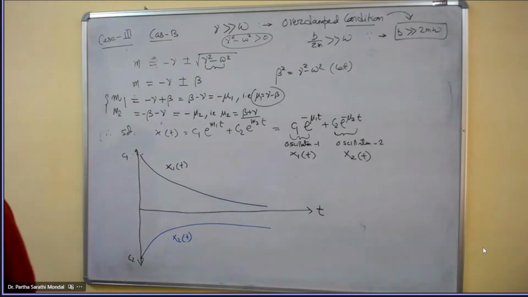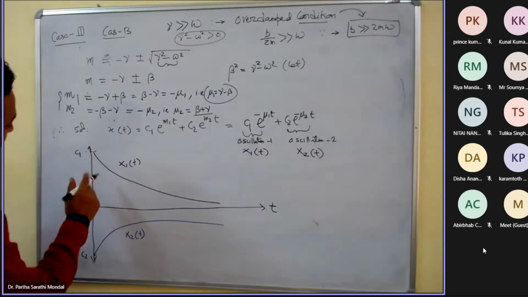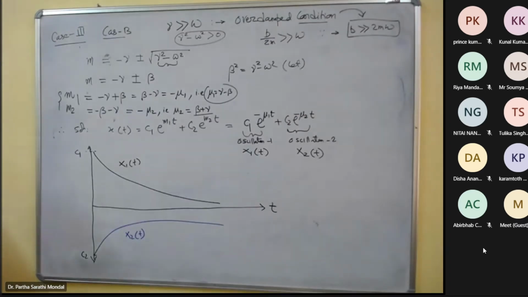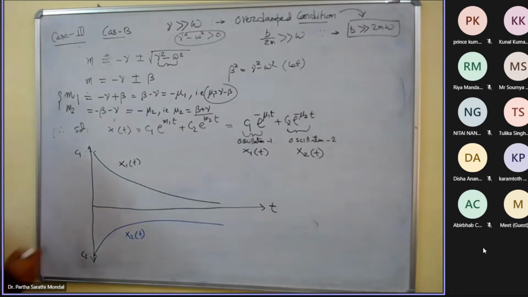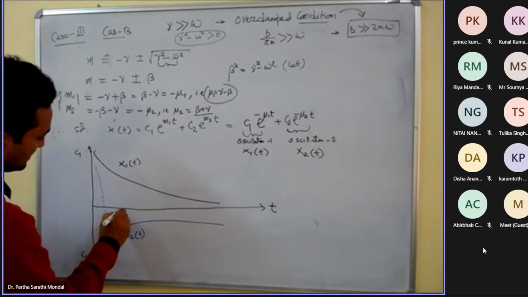So now, if I plot this one, let's say it could be like this. If this is your resultant oscillation, like that.